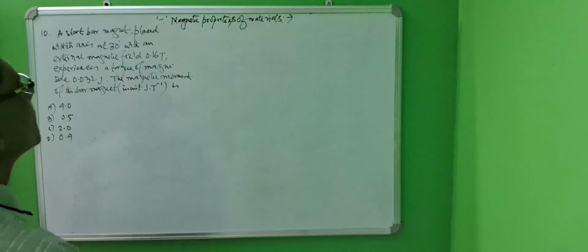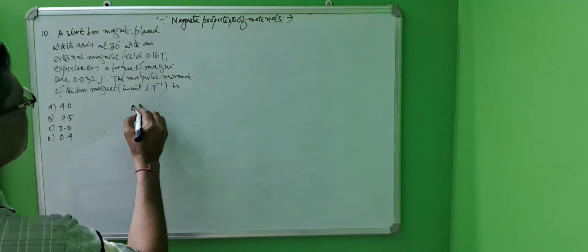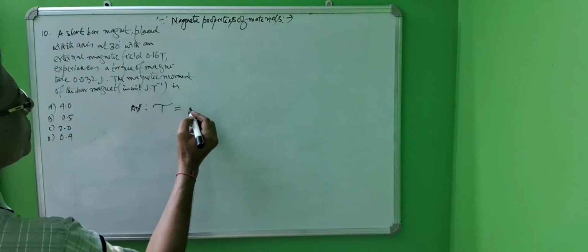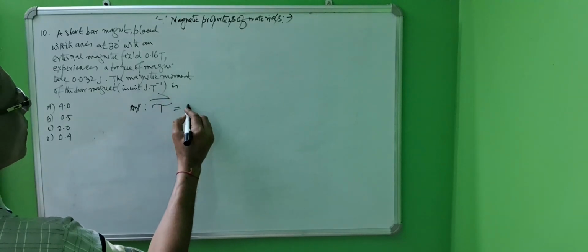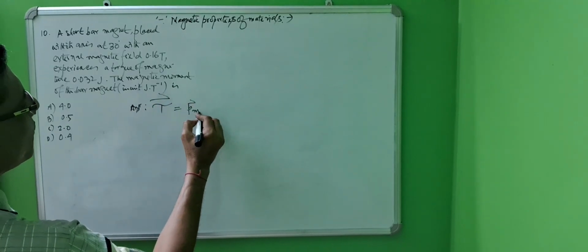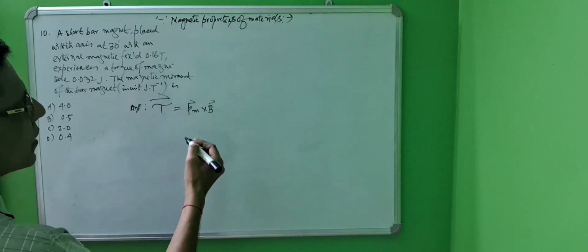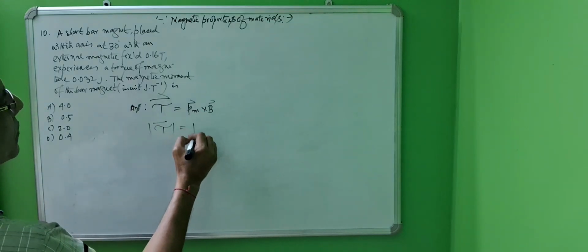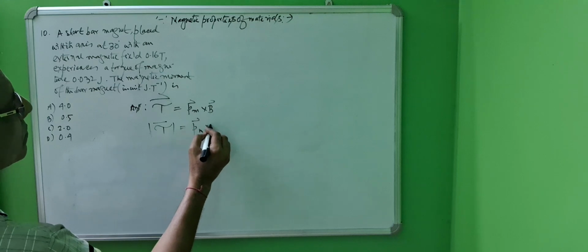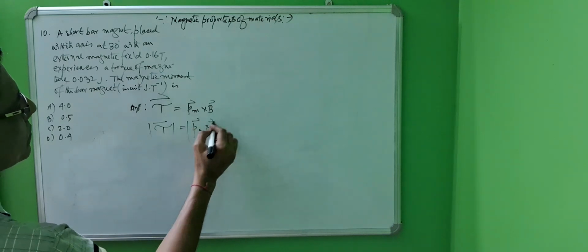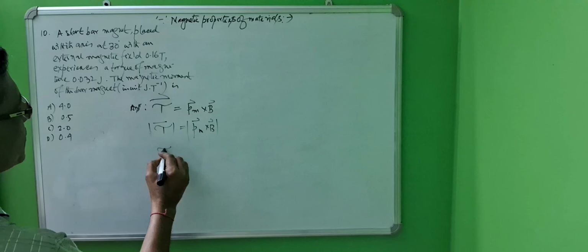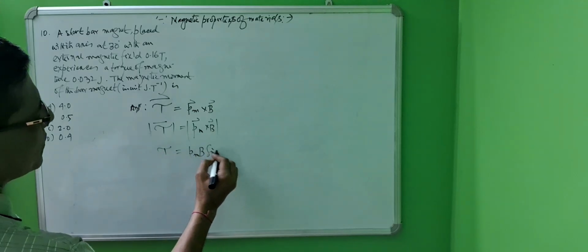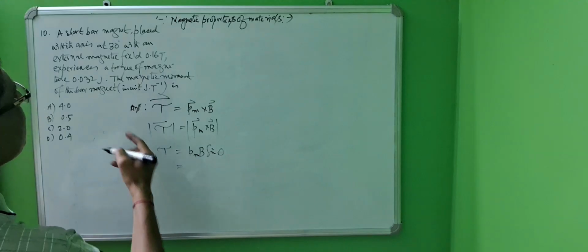We know torque tau equals PM cross B. In scalar notation, tau equals PM B sin theta.